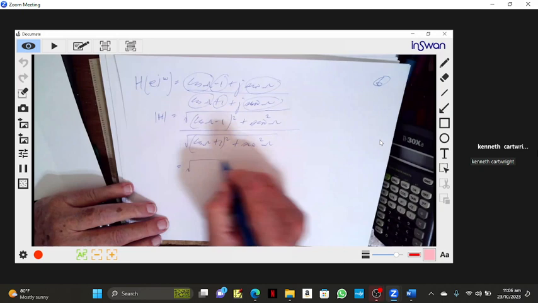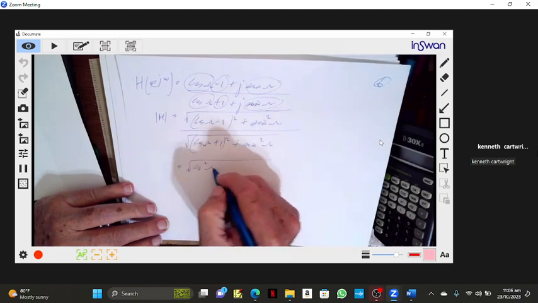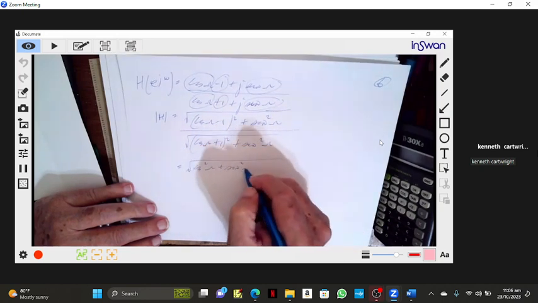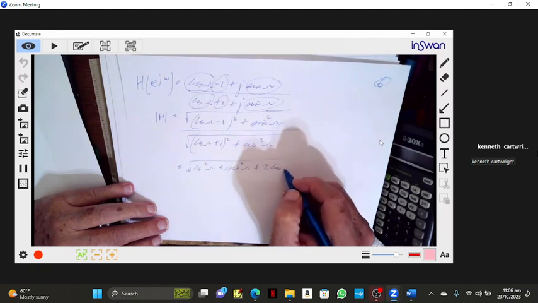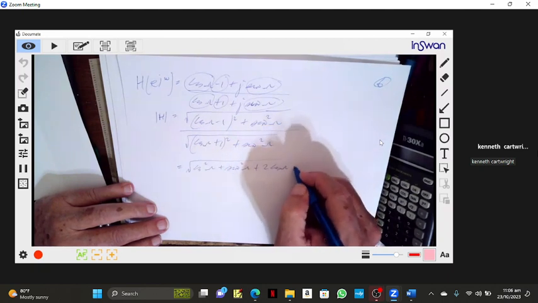The top becomes the square root of cosine squared plus sine squared omega plus 2 cosine omega plus 1.